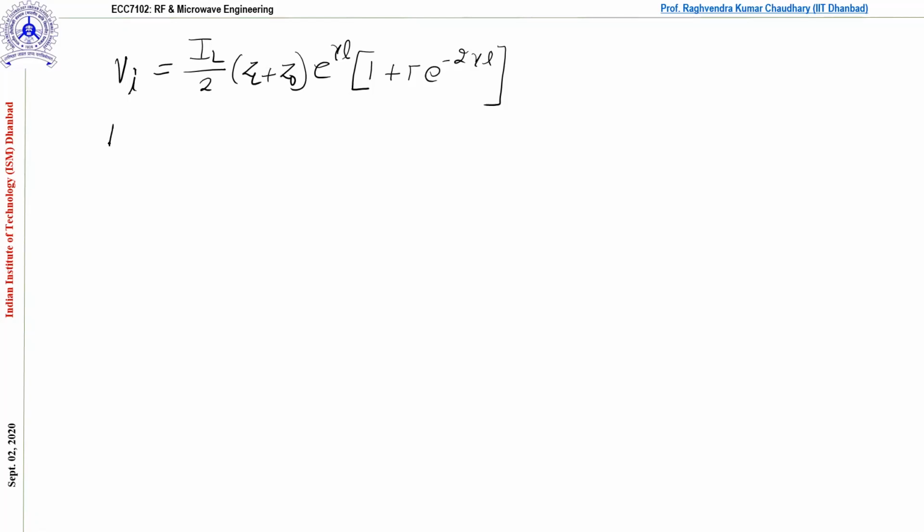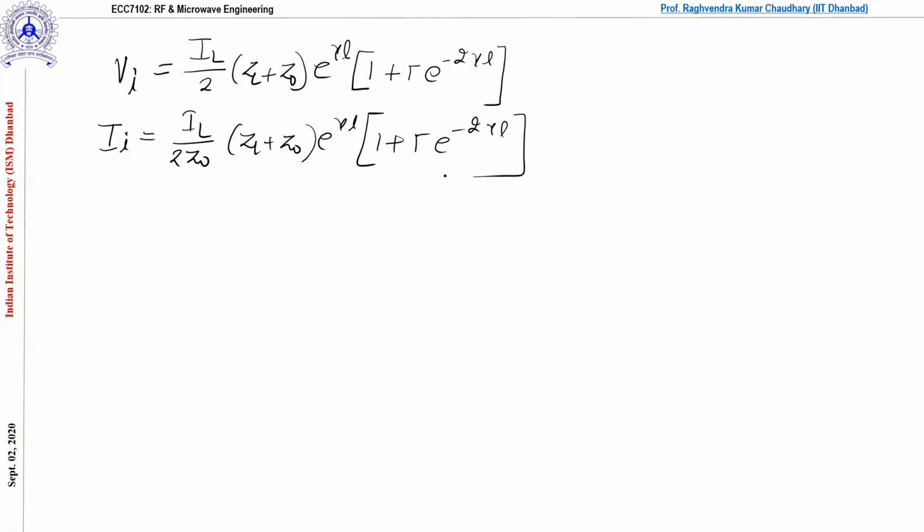Fine, and it will be IL by 2 Z naught, (ZL plus Z naught) e to the power gamma L, 1 plus gamma e to the power minus 2 gamma L.